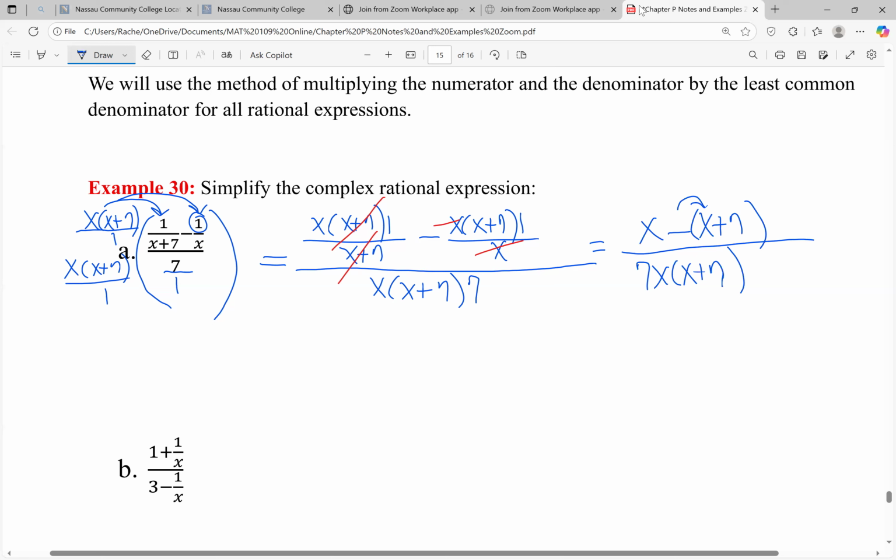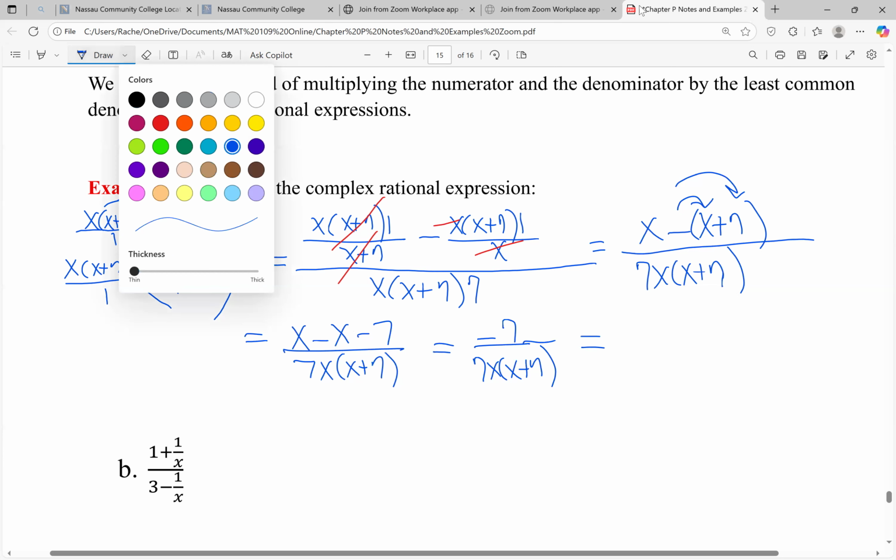So now let's distribute. I'm going to have x minus x and then minus 7 over 7x times x plus 7. X minus x is 0, so I'm going to have negative 7 over 7x times x plus 7. And look, we have a common factor.